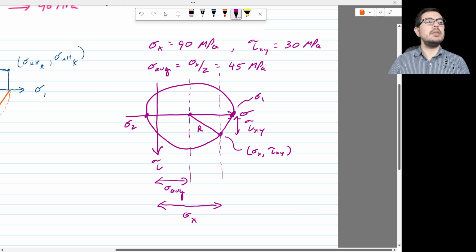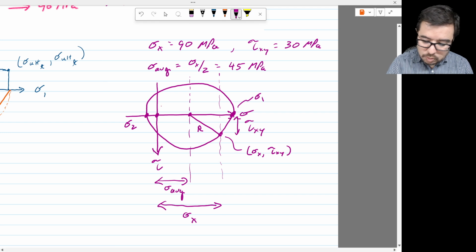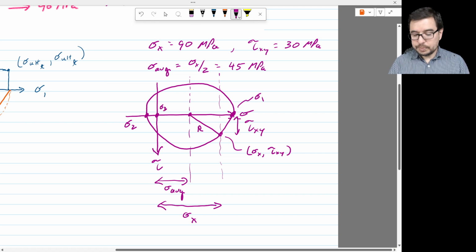And we're given a 2D state of stress, which means that we can assume that the stress component in sigma 3 is 0, and that tau yz and tau xz are also equal to 0. So our sigma 3 is going to be at the origin.